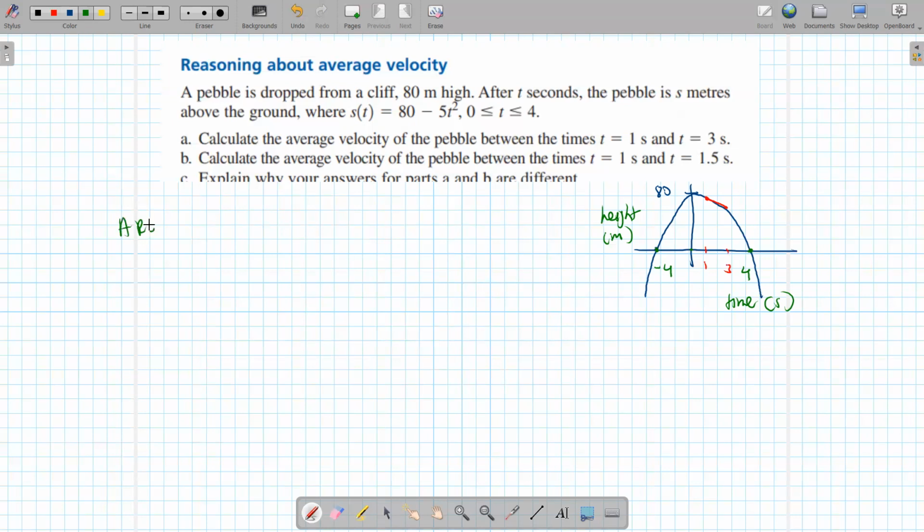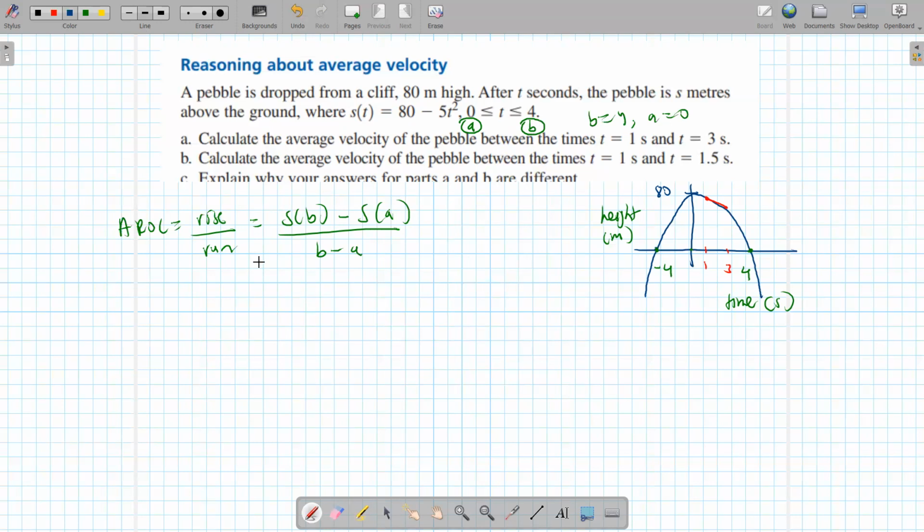The average rate of change is rise over run between those 2 points. The rise is y2 minus y1, if you remember. But when we're doing it in function notation, it's going to look like this. Your initial starting point is A, your ending point is B, and the formula for slope is going to be S of B, whatever the function is, minus S of A, all over B minus A. So now what does this even mean?